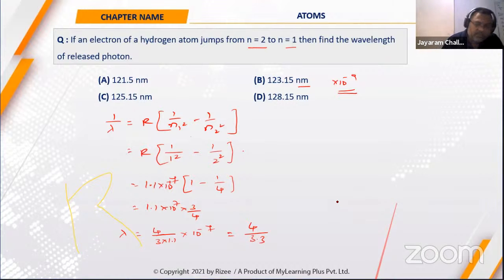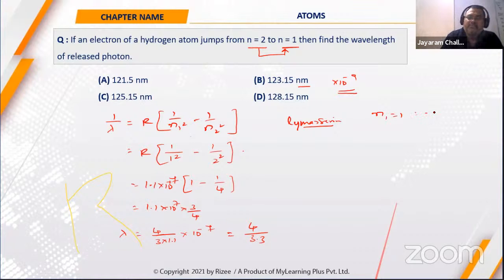So try to confine. Now, coming to the very important part. Whenever an electron comes to the base level from the immediate next level, for example, in the Lyman series, its base orbit is 1.